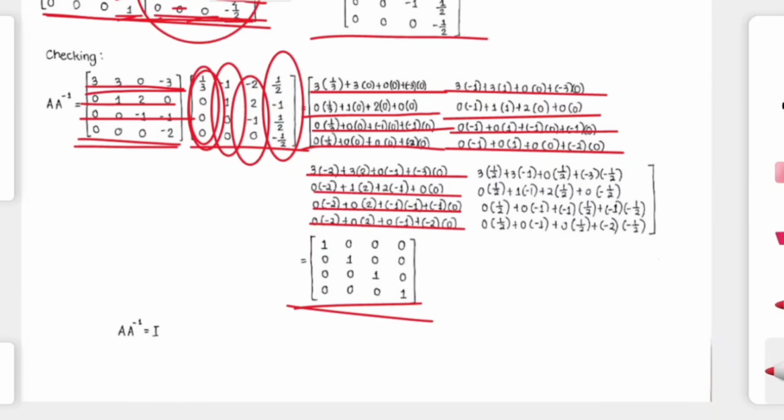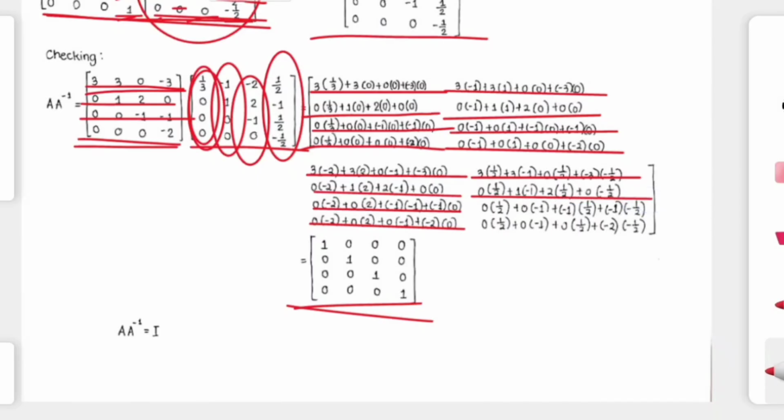And for the last one, we have to multiply row 1 to column 4 and as well as row 2 up to 4 multiplied to column 4. So we have first 3 times 1 half plus 3 times negative 1 plus 0 times 1 half plus negative 3 times negative 1 half. Also, for the row 2, we have 0 times 1 half plus 1 times negative 1 plus 2 times 1 half plus 0 times negative 1 half.